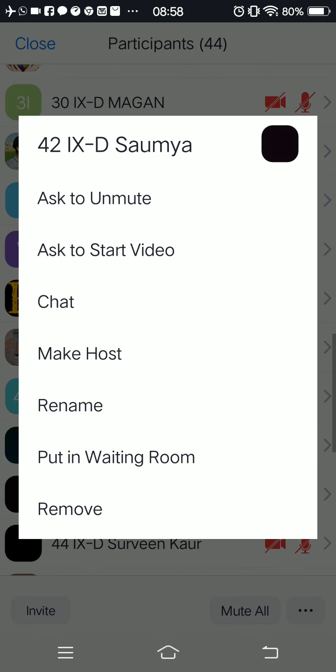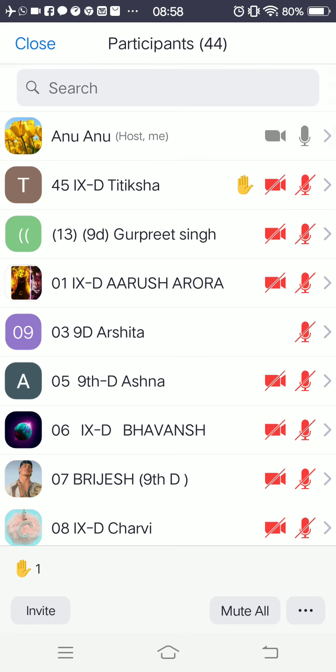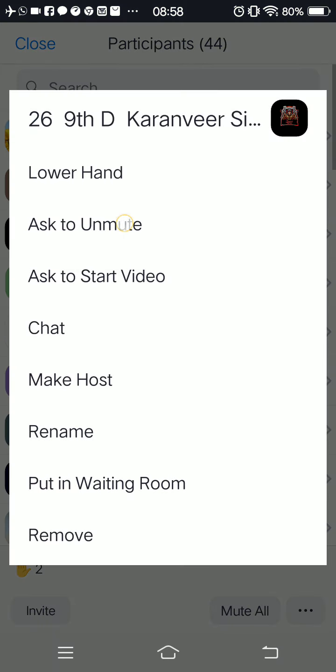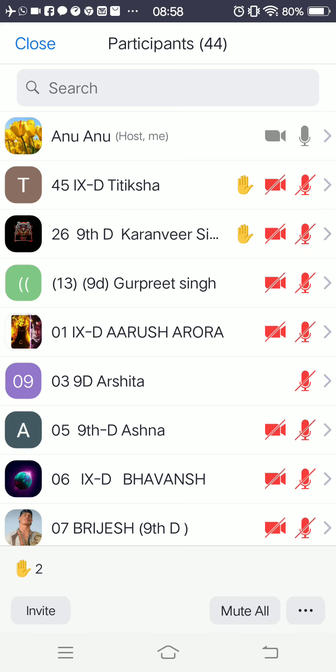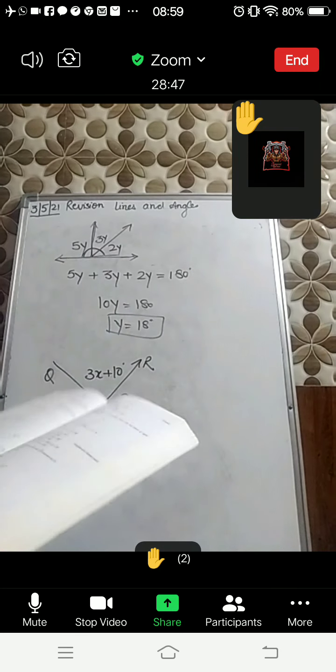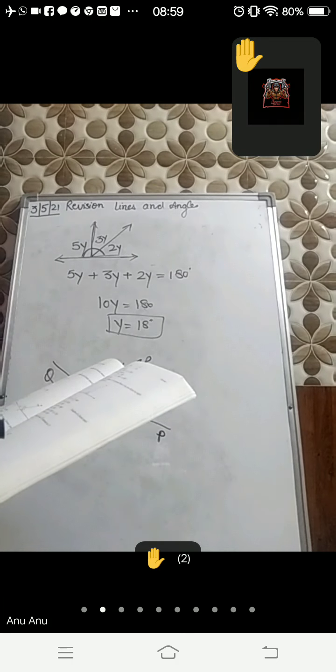Soumya. Karanveer, yes. 34, okay. For x is equal to 34, this POQ will become a straight line.